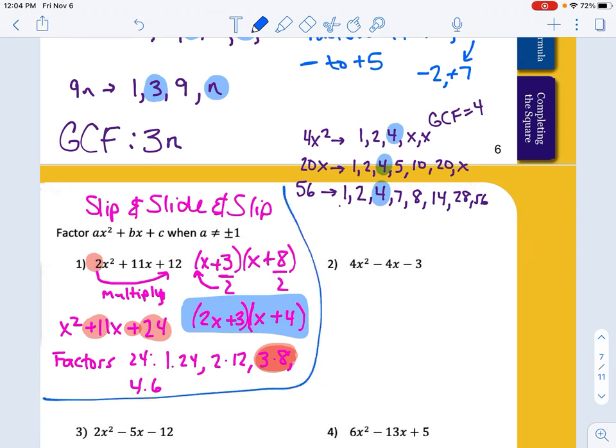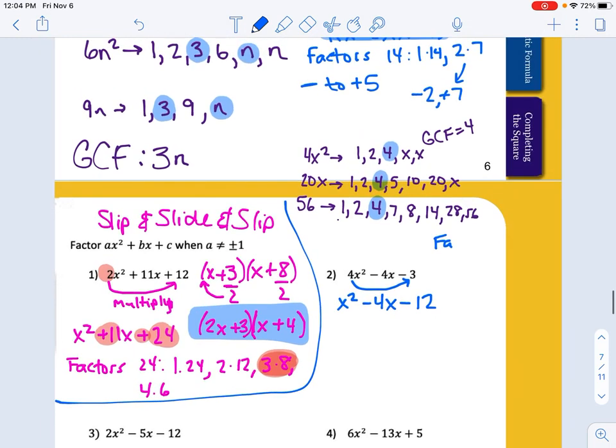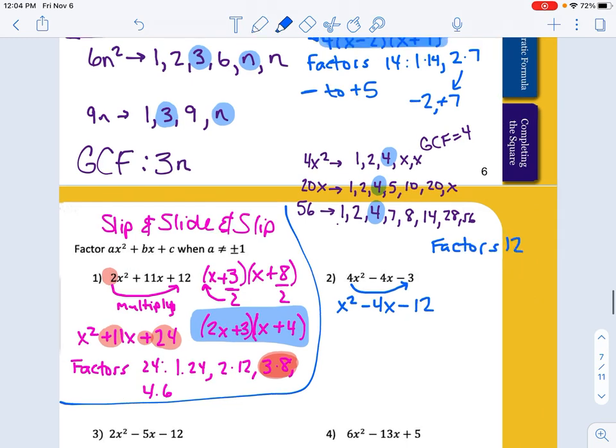We go ahead and we slip this 4 back, and we say x squared minus 4x, and then this a times our c value becomes negative 12. We need factors of negative 12, or factors of 12 that subtract to negative 4.